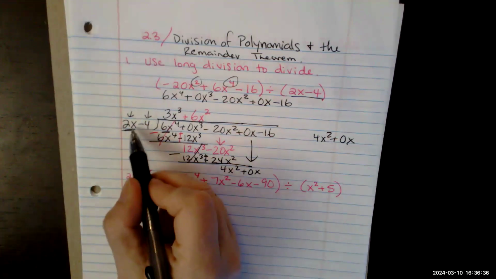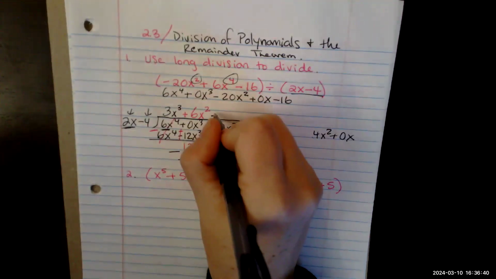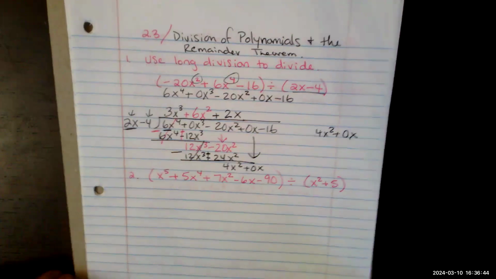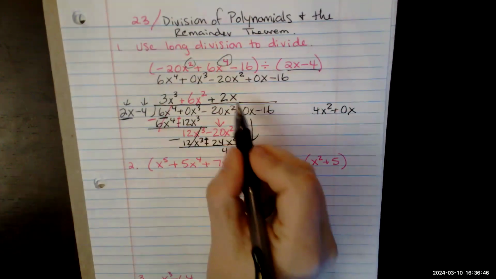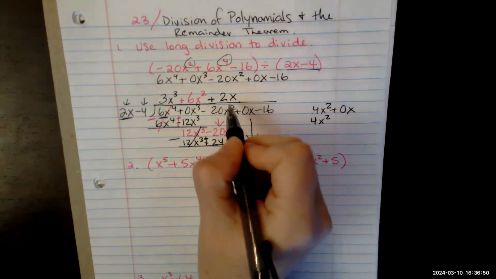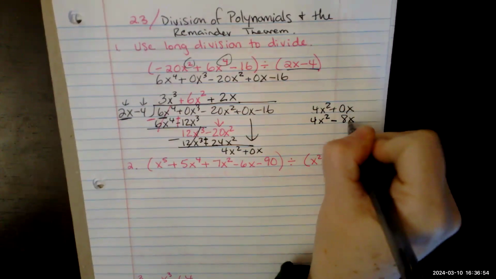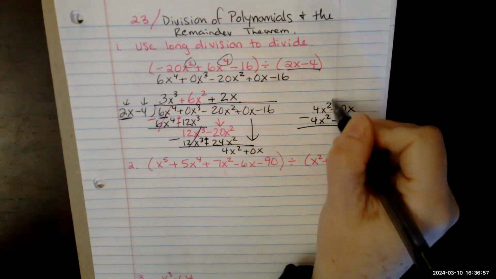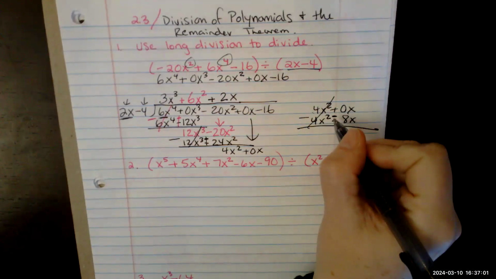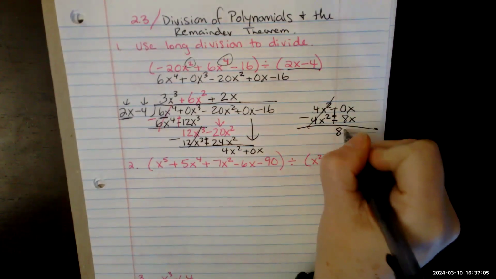Okay, so what would I need to multiply 2x by to get to 4x squared? I would need a 2, and I would need an x. So now I multiply. 2x times 2x is 4x squared. Good. 2x times -4 is -8x. This wipes out. Don't forget you're also subtracting here. So 0 minus a negative really becomes a plus.